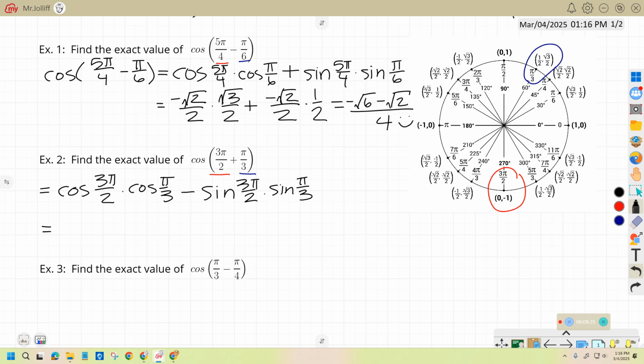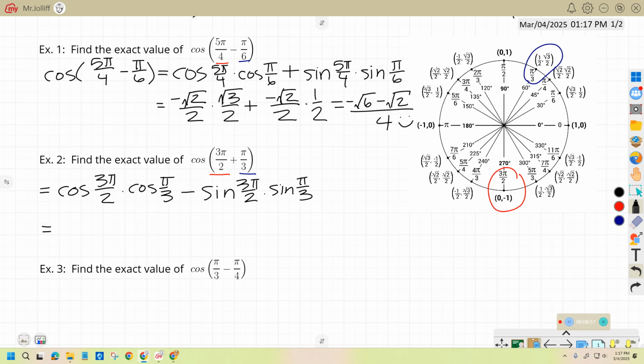I need some help filling this in. Everybody's found their unit circles?